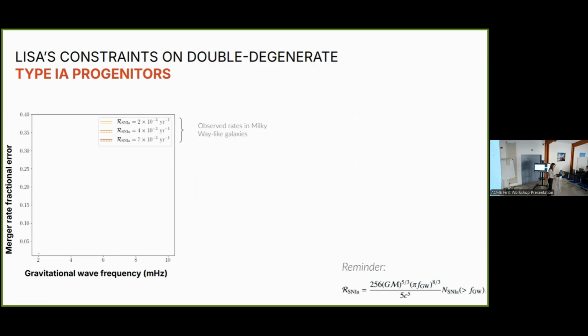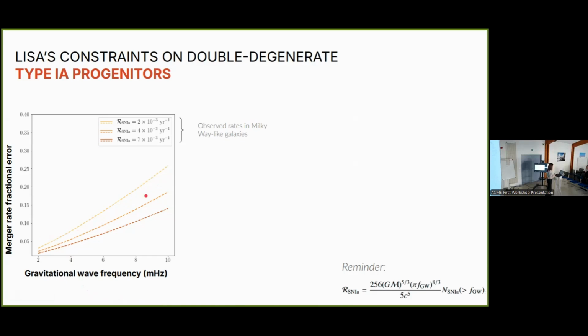As a reminder, here you see the formula underlying this calculation. If we consider only the Poissonian error on the count of how many binaries LISA will see, this is how the merger rate error will go.